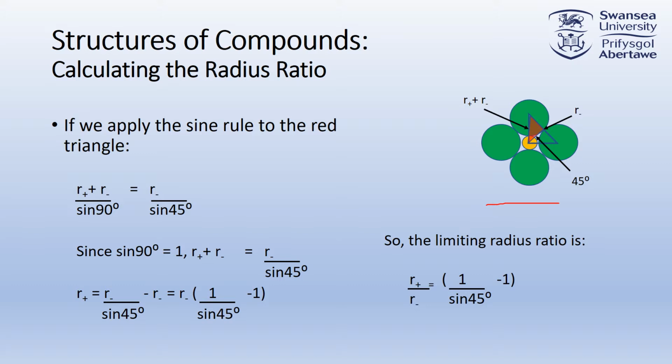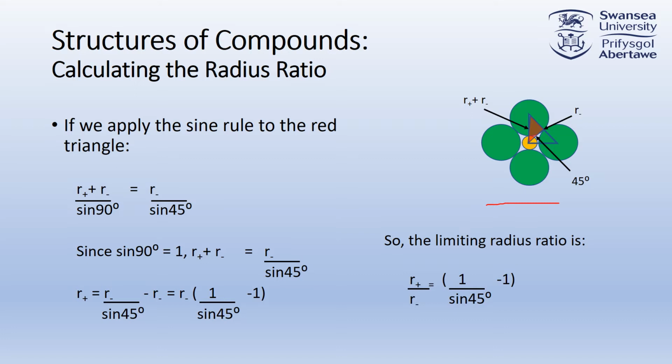So we can use the sine rule to calculate our radius ratio. From the sine rule, for any triangle with side lengths A, B, and C and angles A, B, and C, we have A over sine A equals B over sine B equals C over sine C.